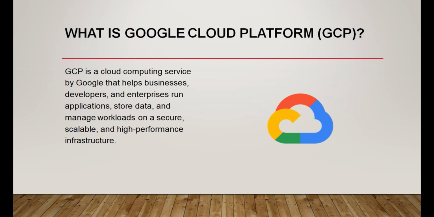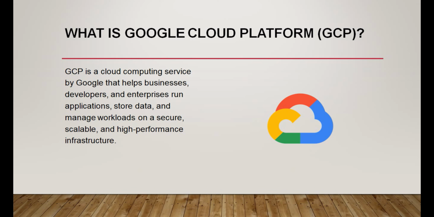What makes GCP stand out is its global network, strong security, and seamless integration with other Google services. It offers everything from virtual machines and Kubernetes for containerized applications to data analytics and machine learning tools like BigQuery and TensorFlow.